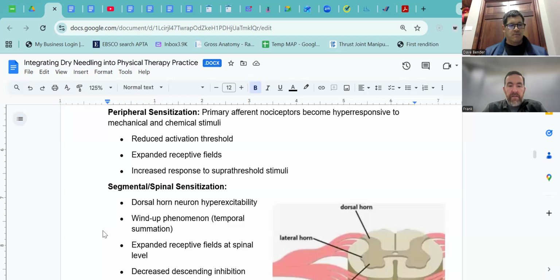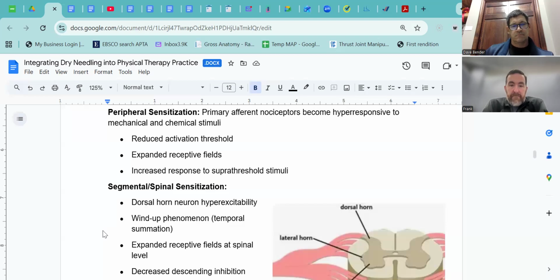And all that leads to this increased response to suprathreshold stimuli at the segmental and spinal level. So again, you can have some segmental or spinal sensitization. The dorsal horn hyperexcitability really drives this, and the temporal summation.